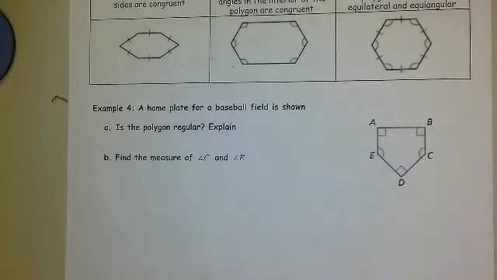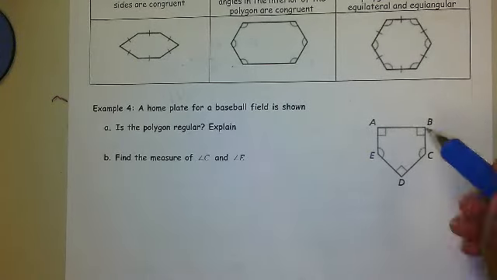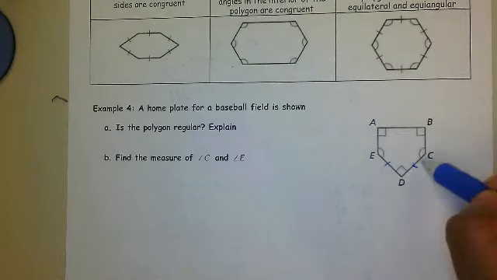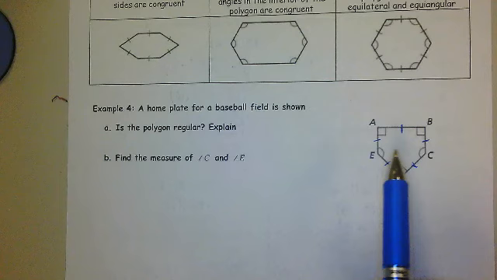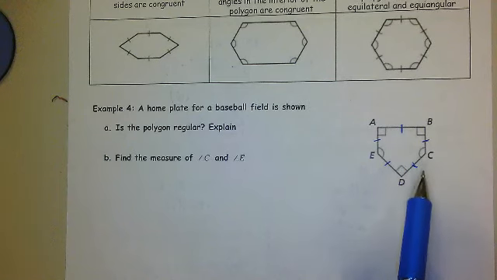A home plate for a baseball field is shown. Is the polygon regular? Regular would mean that all the sides are congruent. That is not the case in this polygon.